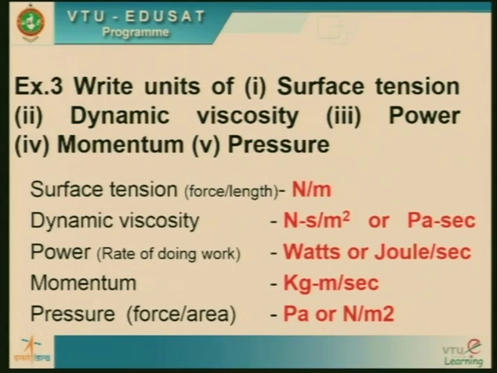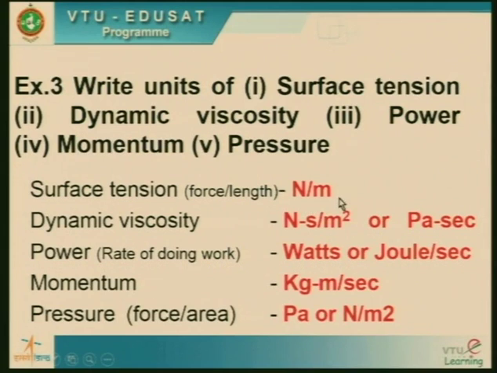Is it okay? So, this particular question is very straightforward and simple. It is asking you the units, and units means SI units. You did not write CGS, you did not write FPS. Surface tension is nothing but force per unit length, you remember, Newton per meter.